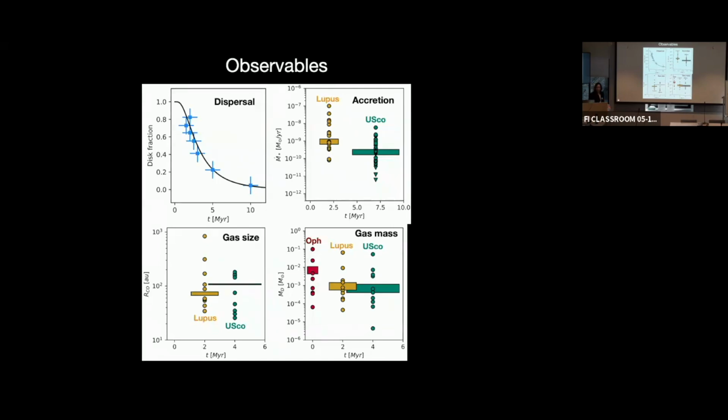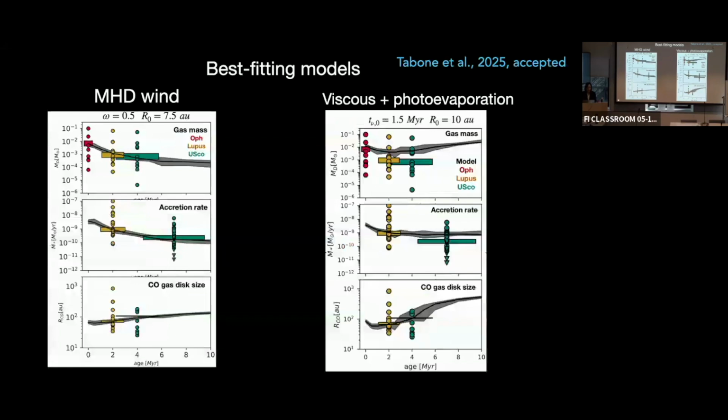So we tried to find, in a semi-analytic prescription of those disk evolution mechanisms, what parameter space could reproduce these. Basically, he found in his best fitting models that MHD disk wind can roughly match those observable properties. He was able to find a parameter space, which generally starts with relatively compact disks and a weak magnetic field, and could reproduce those general properties.